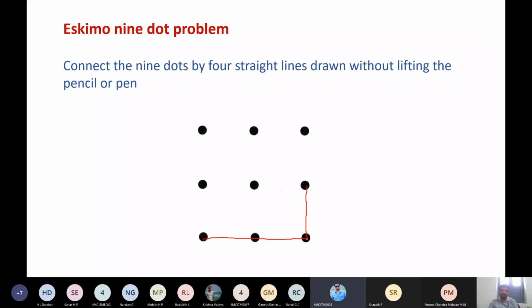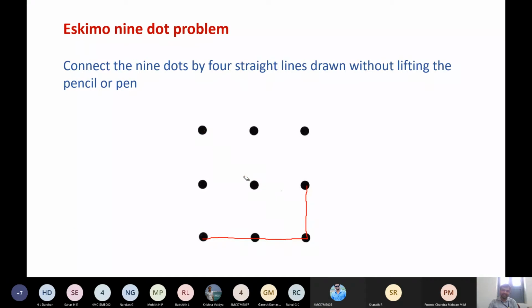Continuously we can connect like 7, 8, 9, 6, 3, 2, 1, 4, 5. Okay, it is difficult to follow your answer.